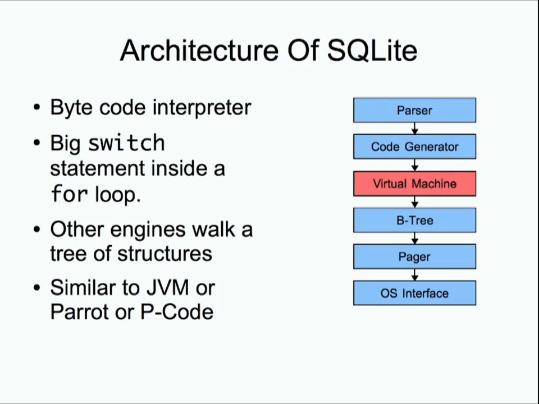The bytecode here in SQLite has that sort of thing, but it also has some very high-level operations, such as open a cursor on a B-tree, seek that cursor to the first row that has a key that's greater than or equal to some value I'm giving you, and things like this. So there are some high-level things as well.